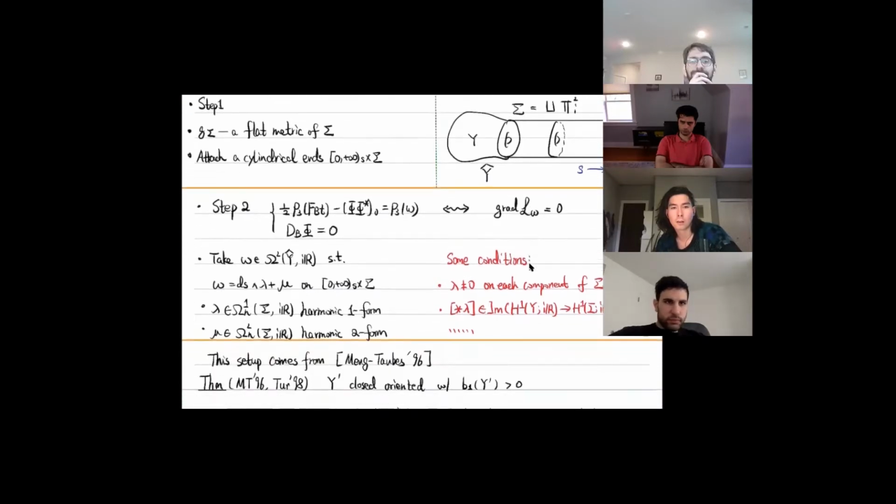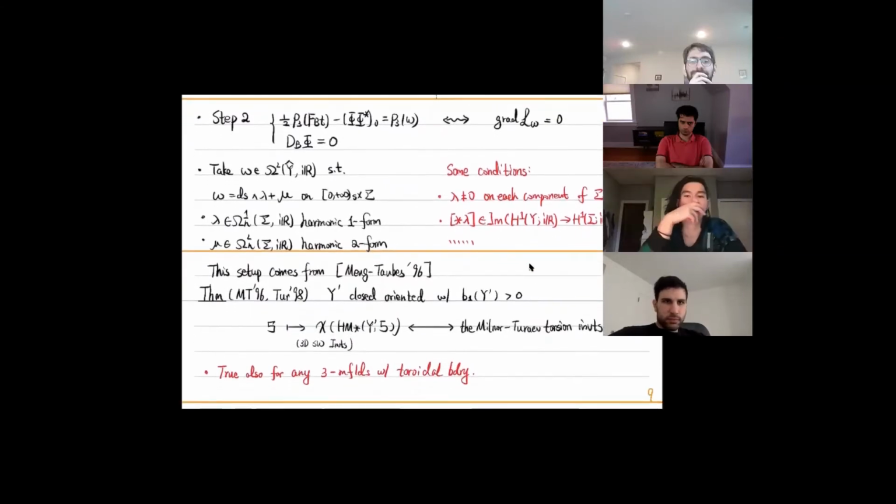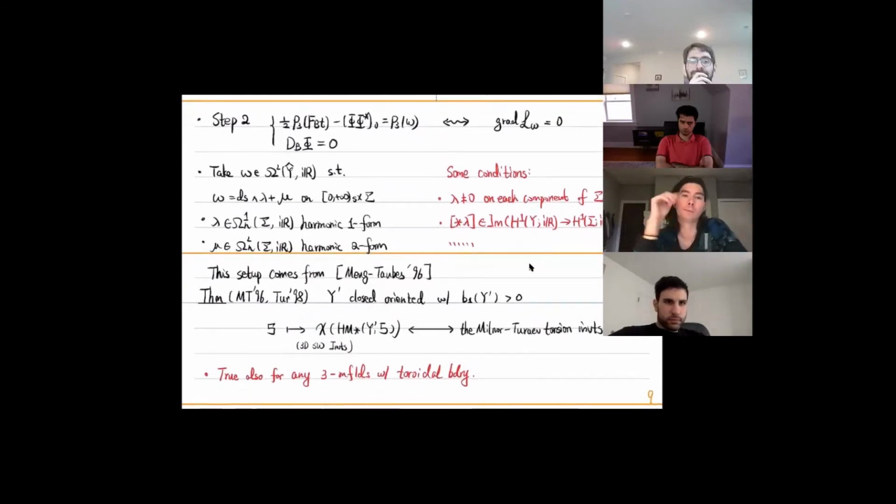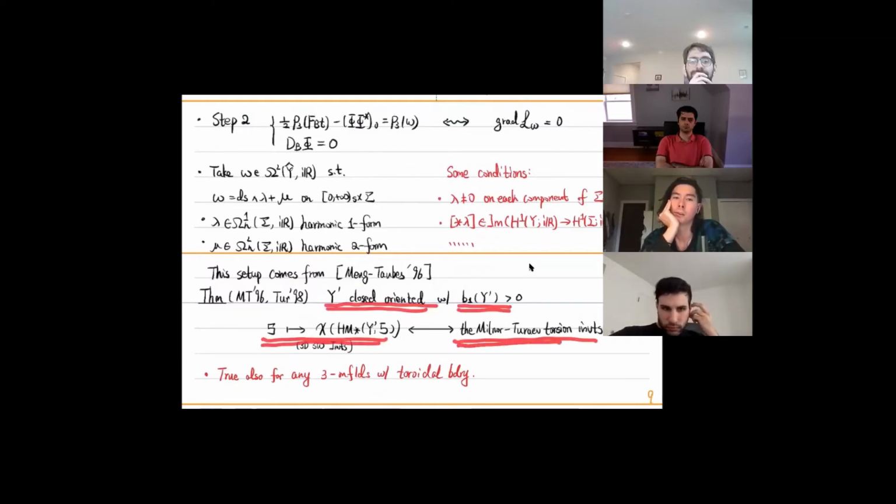As I mentioned earlier, this idea is not new. I didn't invent it. This setup comes from Mrowka-Ozsváth-Yu's paper, and we have already seen this theorem before. It says for any closed oriented three-manifold with b1 positive, the graded Euler characteristic of this Floer homology recovers a torsion invariant of the three-manifold.